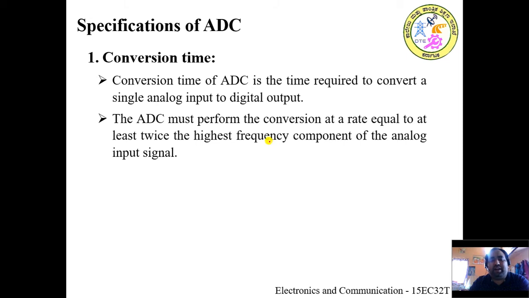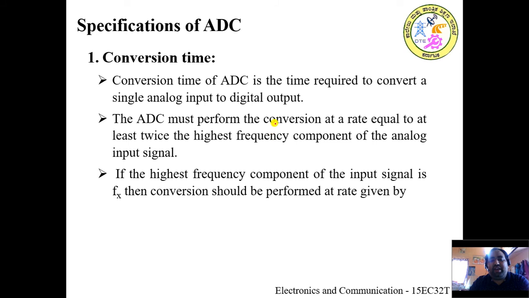This is a criterion. If the highest frequency component of the input signal is fx, then the conversion should be performed at a rate fc that should be greater than or equal to 2 times fx. So as we told the criterion here, the ADC should operate at a frequency at least twice the highest frequency component of the analog input signal.